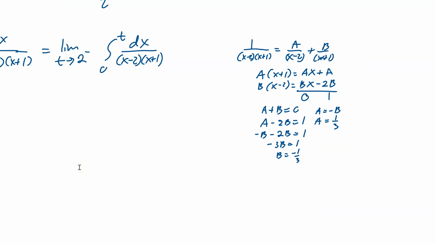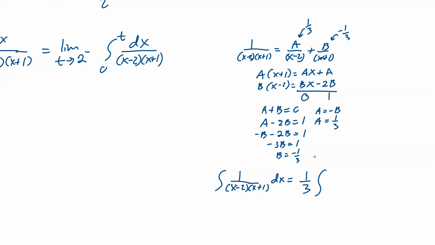All right, so now that means we can find our integral for this. We have the integral of 1 over x minus 2, x plus 1 dx will equal, I'm going to take out the 1/3 now because they both share it. So b is negative 1/3, a is positive 1/3.